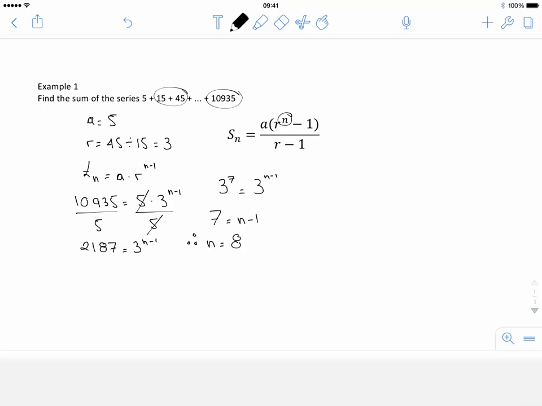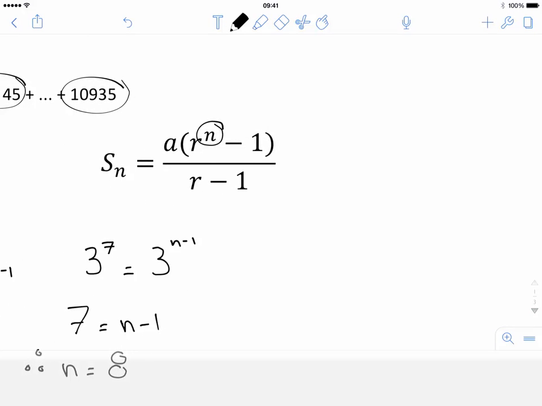Now I want to use this in the formula, so let's go over here and start replacing values. So my first term is 5. My common ratio is 3 to the exponent 8, because I'm adding the first 8 terms, minus 1, all over 3 minus 1.